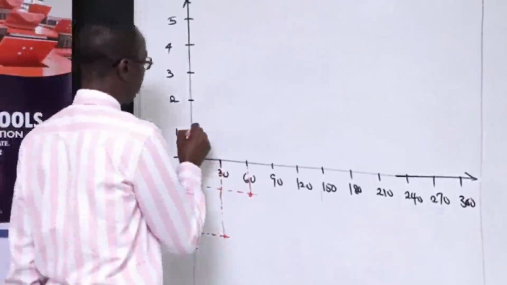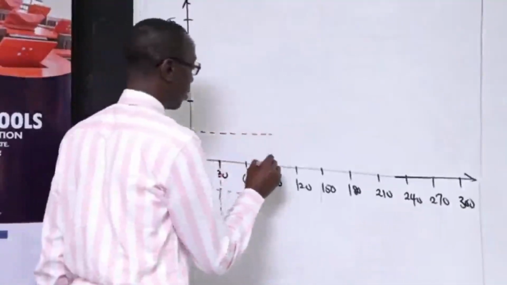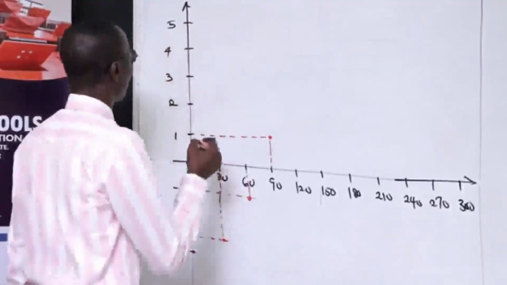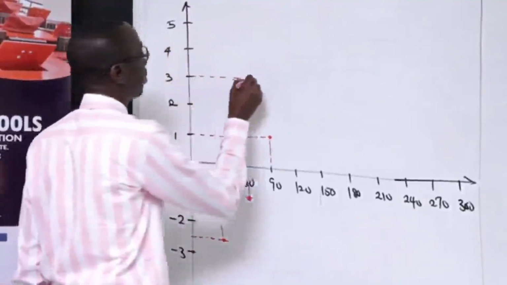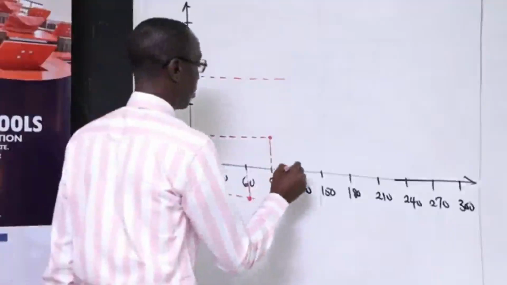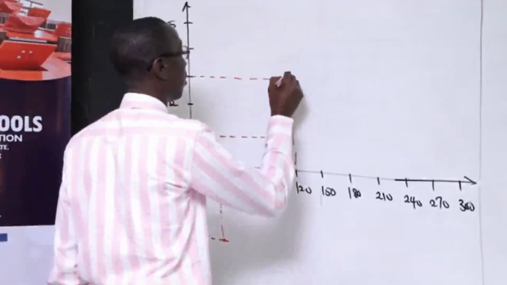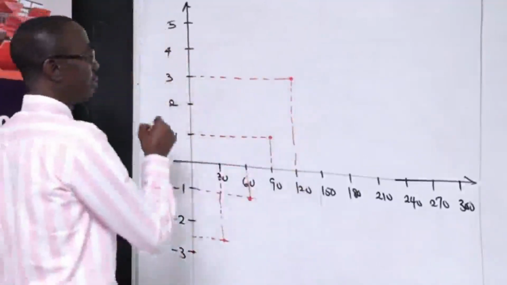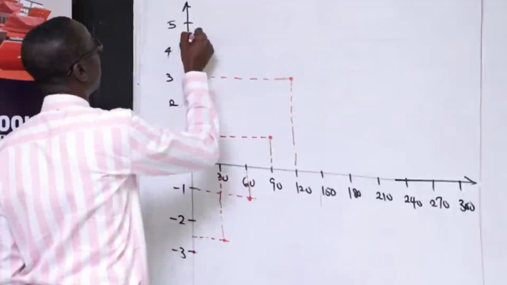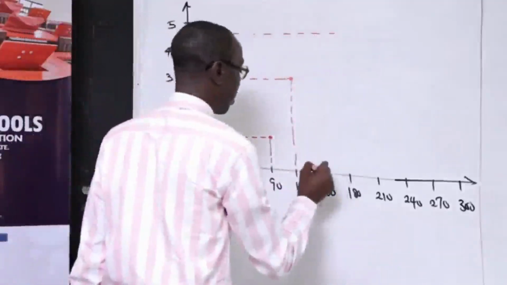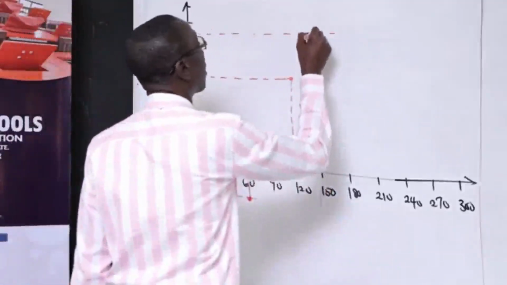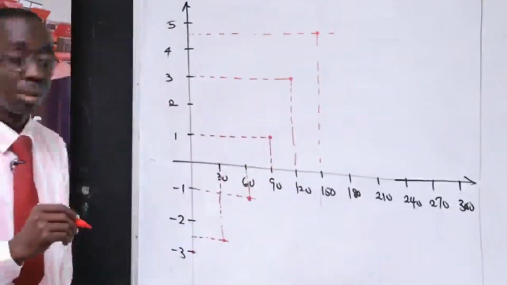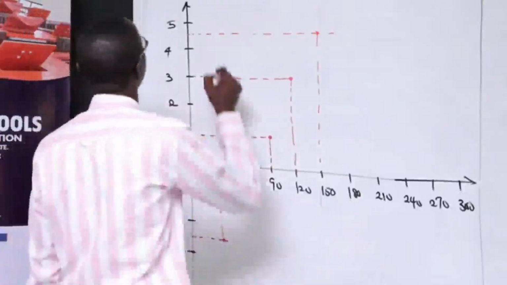90 is 1.0. Yes? 120, 3.0. Yes? 150, 4.5. Yes? 180 is 5.0.